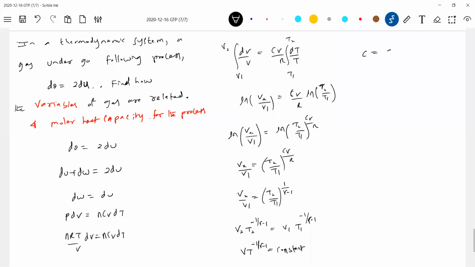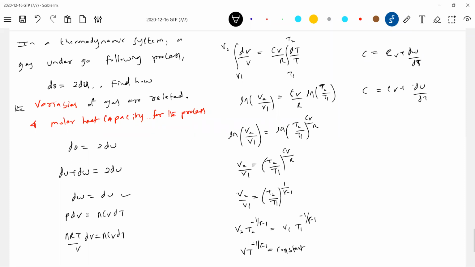So the molar capacity formula will be, so what to write here? CV. Shall we directly go for dW by dt? What is dW? dW is equal to dU here. From where am I bringing it?